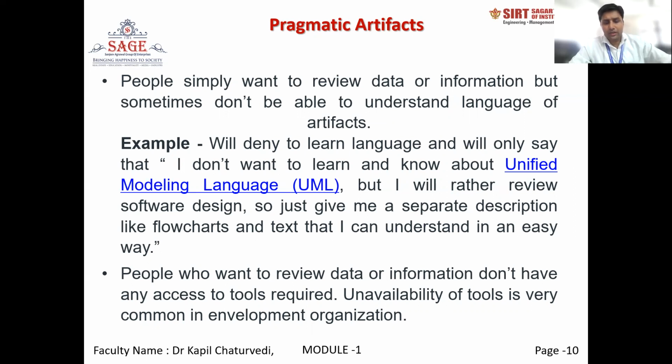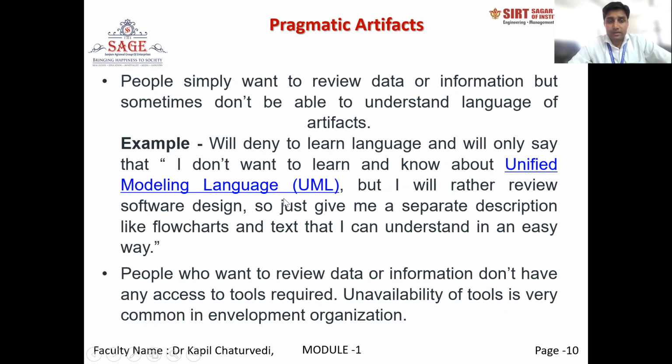The end user does not necessarily know what this kind of language is, how C or Java programming works, how we program, or how we generate the code. So to explain the code, we require some kind of diagrams like DFD, ER diagram, flowchart, Gantt chart, use case diagram, or different kinds of UML diagrams, so that the user can easily understand and review the project. Such kinds of artifacts are known as pragmatic artifacts.